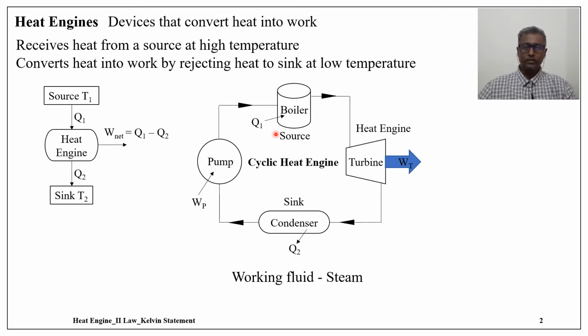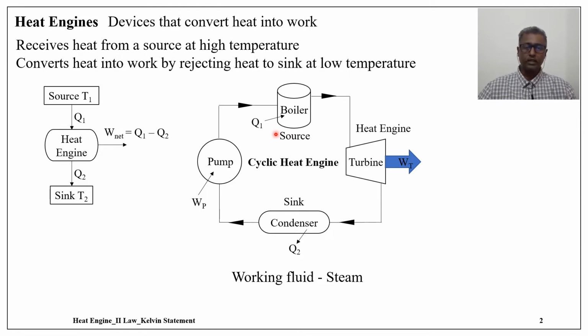So the working fluid is a substance upon which we focus our attention. Therefore, we can say the working fluid is a system. It takes heat at one location and rejects heat at another location.